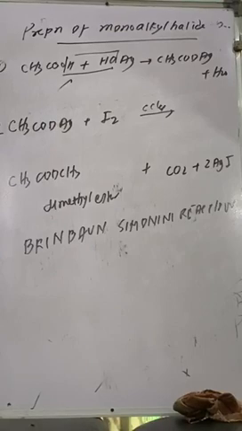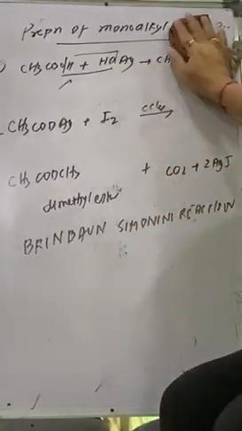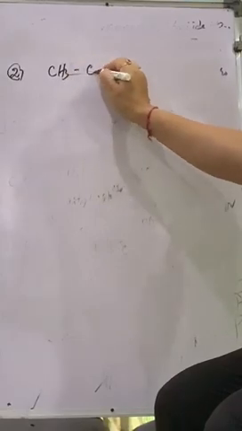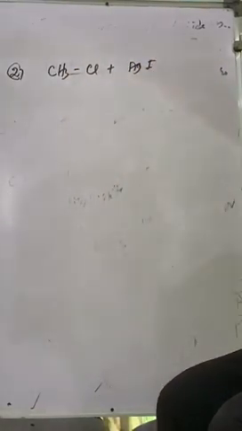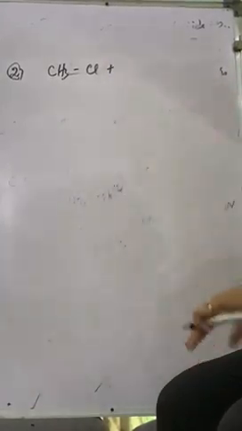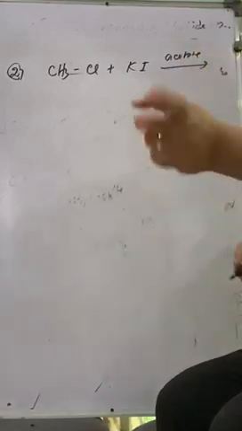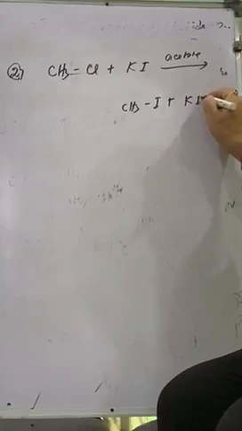So this is one method of preparation we have discussed, and it had lots of concept-based equations. The second method of preparation is this: CH3Cl plus NaI in the presence of acetone. I just told you that it is not possible to prepare the iodide directly, but it can be prepared by this method.